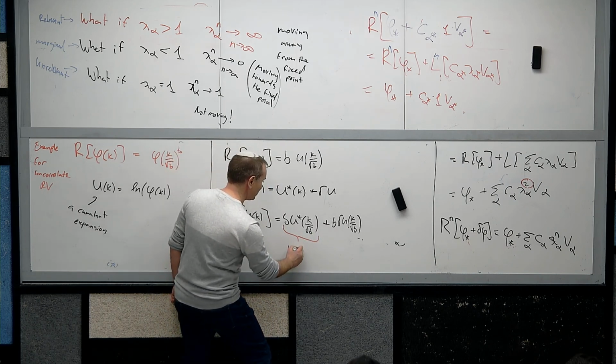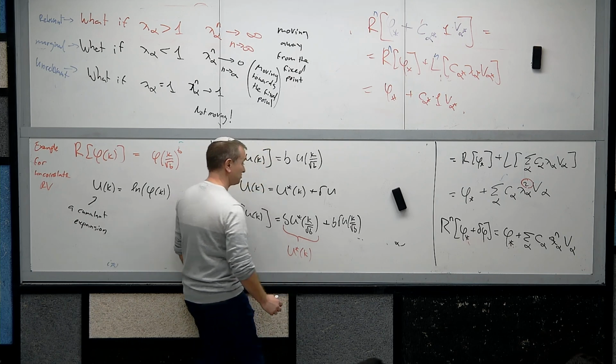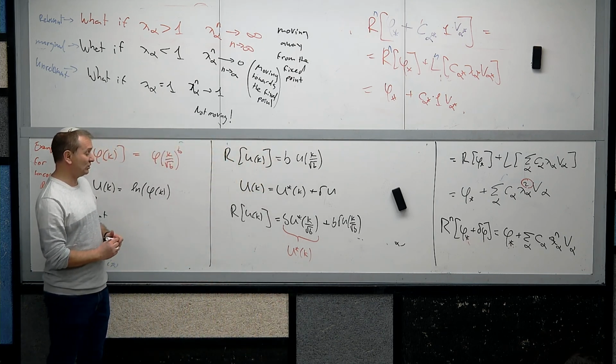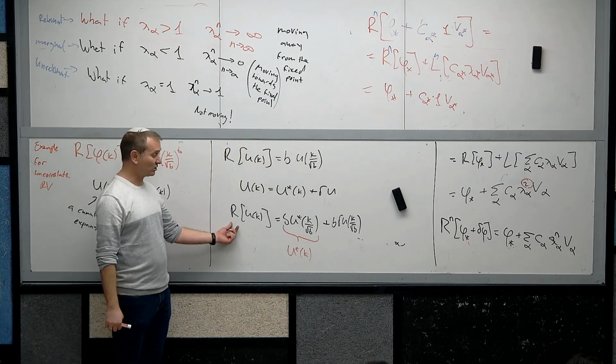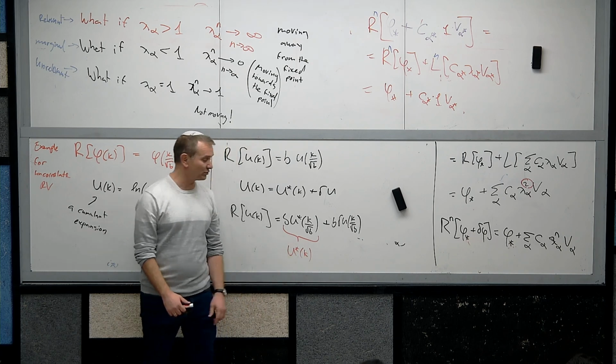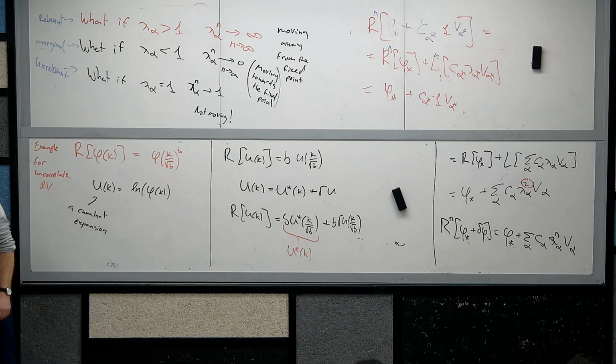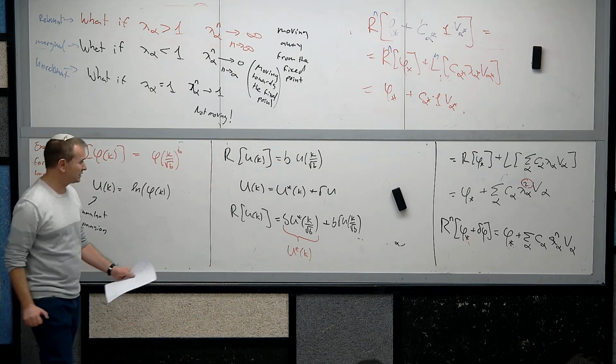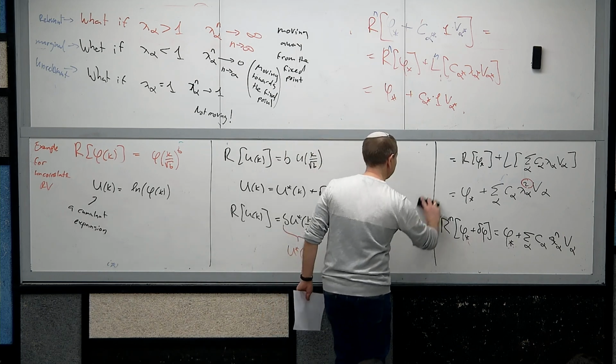It is your U star of K, because it's the application of a single RG step on a fixed point, so this is your fixed point. But what about those other terms over here?